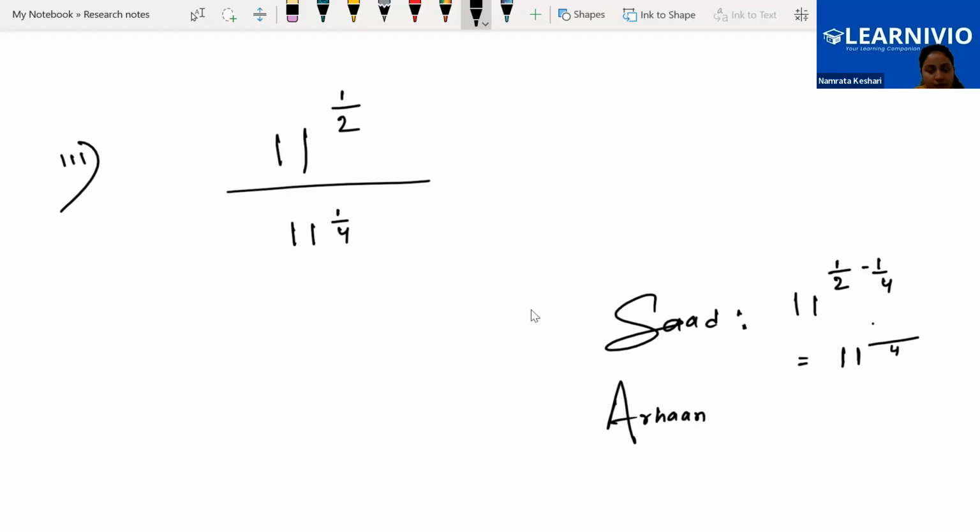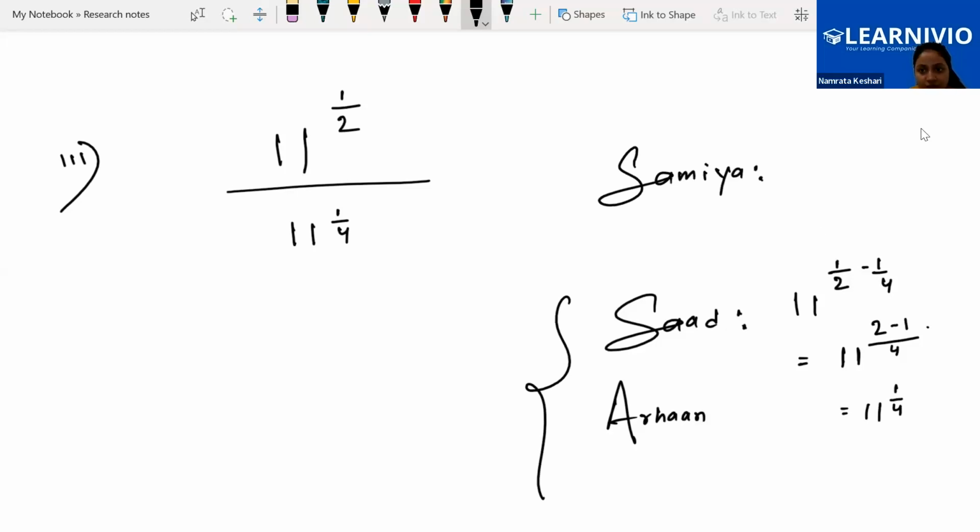Then 2 minus 1, 1 by 4. Ma'am, 11 raised to the power 1 by 4. Both are responding the same thing, I can see. What about Samia? Ma'am, 11 to the power 1 upon 4. Are you doing the same? Yes, ma'am. Okay. So yes, it will be 11 raised to the power 1 by 4. This is how we have to do it.